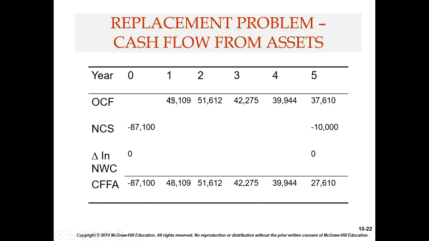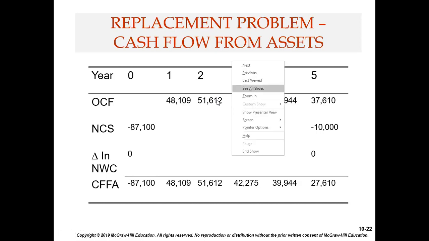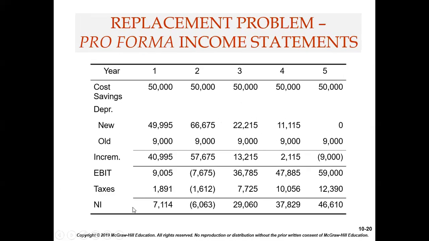Now let's look at our operating cash flow for the end of year 1, 2, 3, 4, and 5. Now we did that back here. But if you're sitting there going, oh, that's only 7,114 there, you have to remember, we have to add back. So we have 49,995 minus the 9,000 gives us the 40,995.